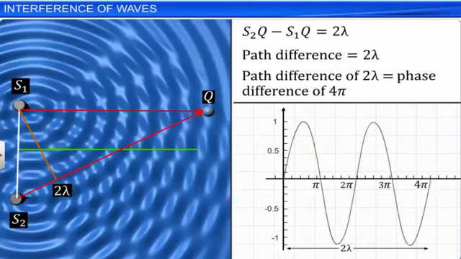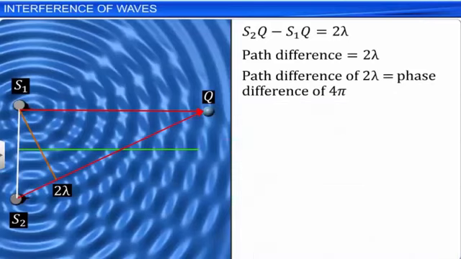If the displacement produced at the point Q due to the waves from S1 is given by y1 equals a cos omega t, then the displacement produced by waves from S2 is represented by y2 equals a cos(omega t minus 4 pi).